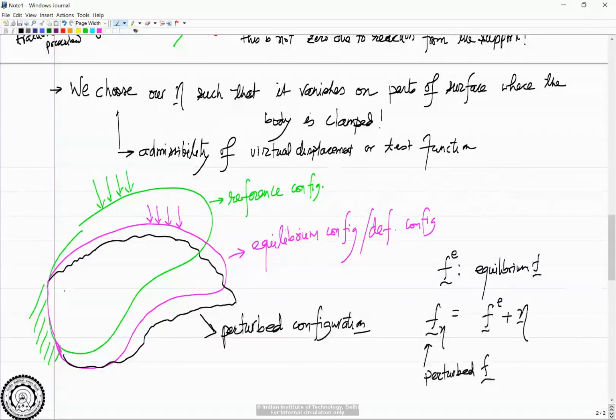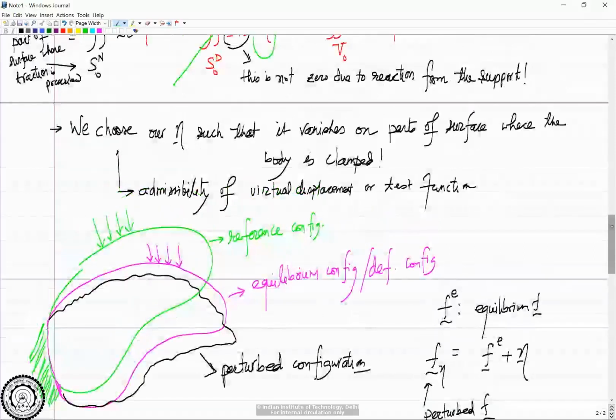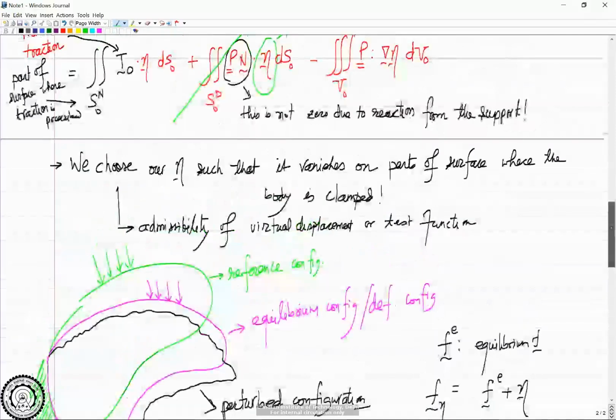Now you can see when you are perturbing the body, because this part is clamped here, the green dashed line, you cannot perturb it. So therefore eta must be 0 over there, no? Why are you perturbing? We are just saying what is happening to the equation when we perturb it.